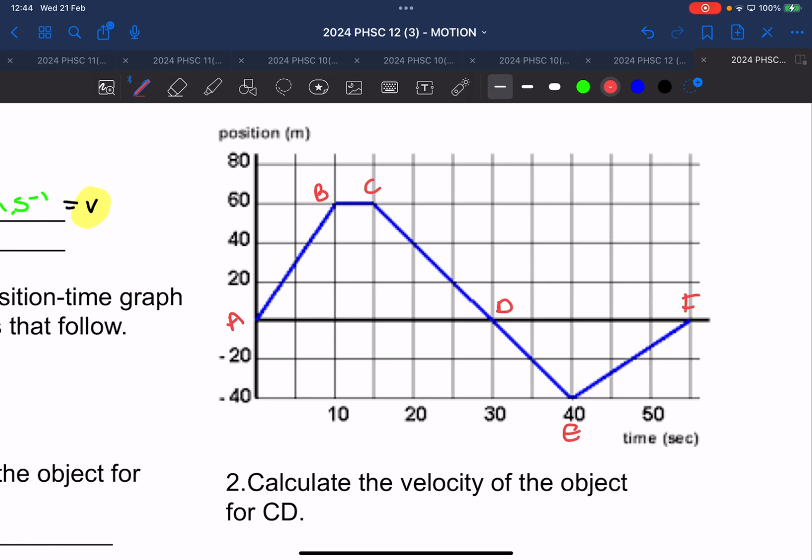Now it's moving backwards, not decelerating, until here, where the displacement is 0, where it started, and then it's moving in the negative direction, and then it's moving forward again to its original position. If it was curvy, then there was acceleration. But because it's constant gradients, it means constant velocity, no acceleration.